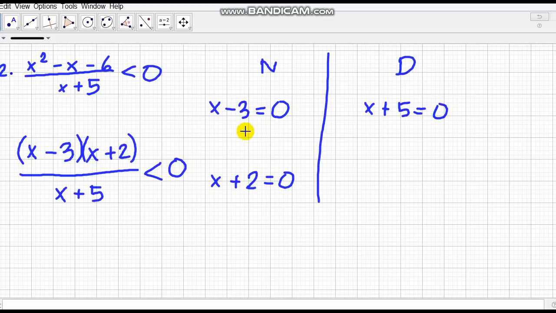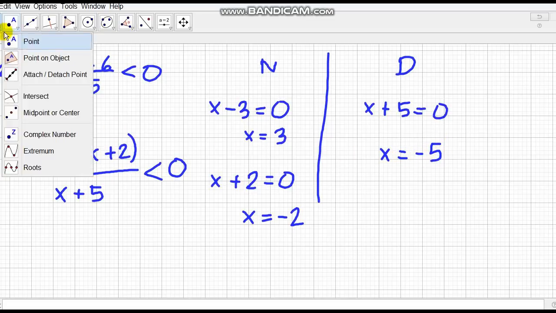X minus 3 equals 0 means x equals 3. X plus 2 equals 0 means x equals negative 2. And x plus 5 equals 0 means x equals negative 5. So these are our critical numbers.